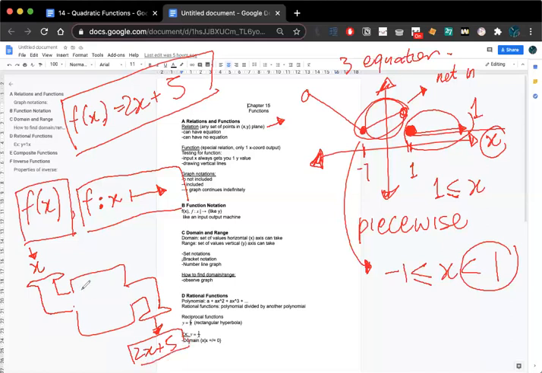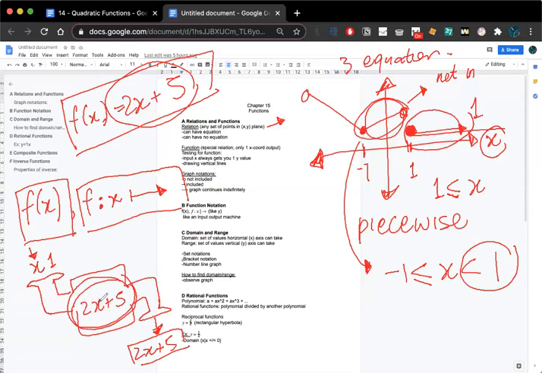So inside this machine is what happens when you use the 2x plus 5. Let's just say we insert x as 1. So we input 1 and x gets replaced as 1.